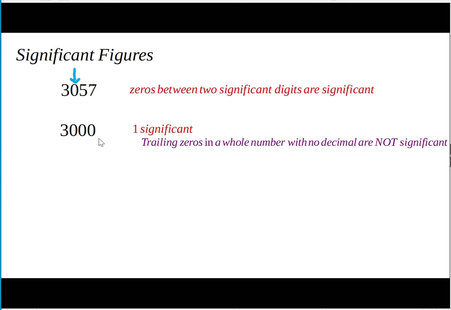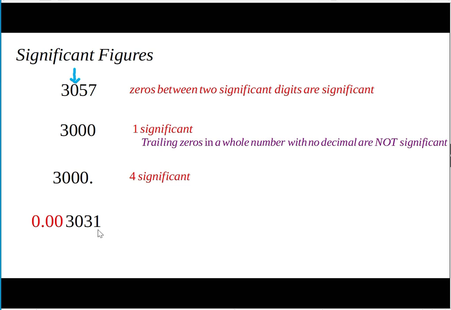So the rule is trailing zeros in a whole number with no decimal are not significant. Now let's look at another one. Look here, the zeros are significant. Why? Because there's a decimal point here, so this has 4 significant figures.